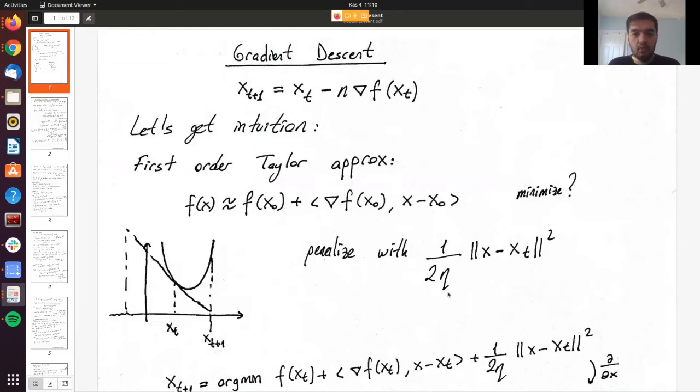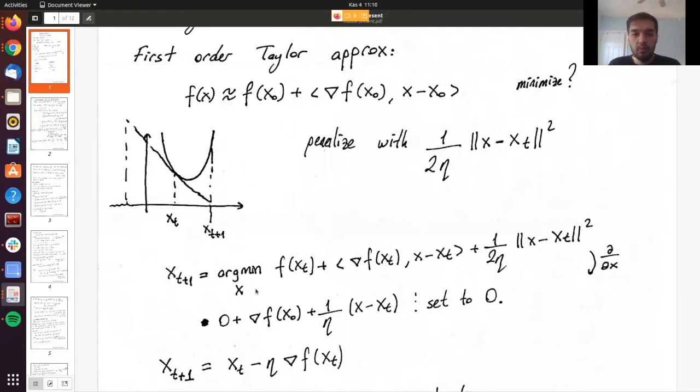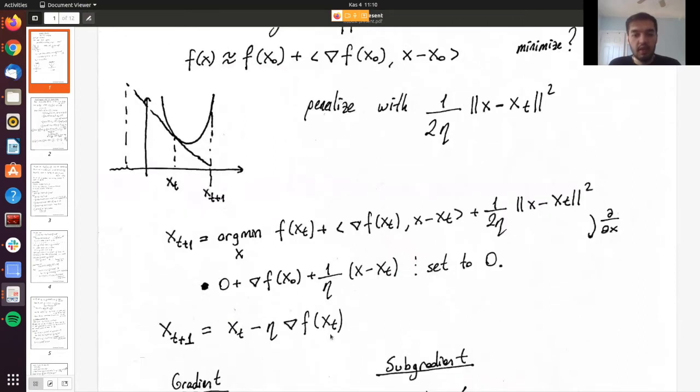We would go too far away. So that's why we are penalizing it with this term, where eta is the learning rate. And if you just take the derivative of this thing and minimize it, you will find that the next x should be exactly the gradient step equation.